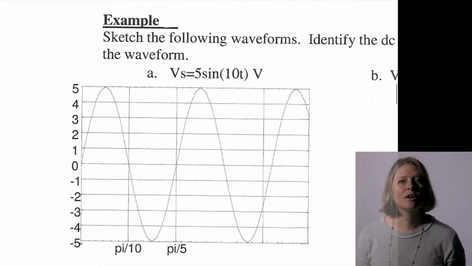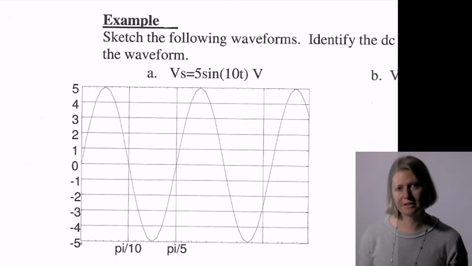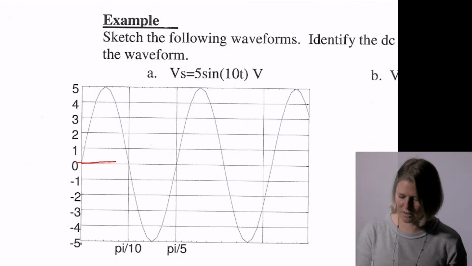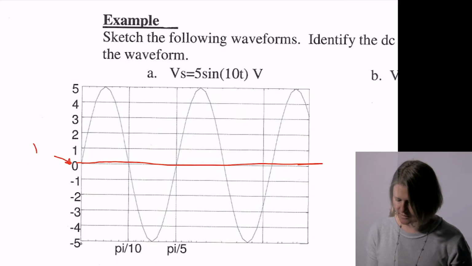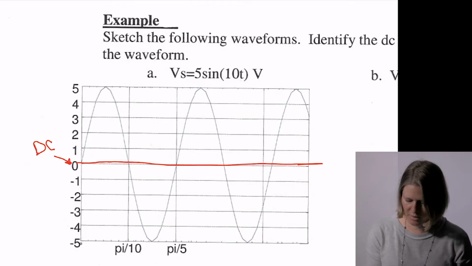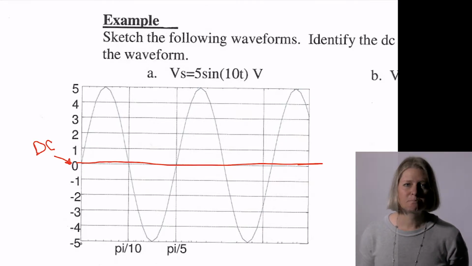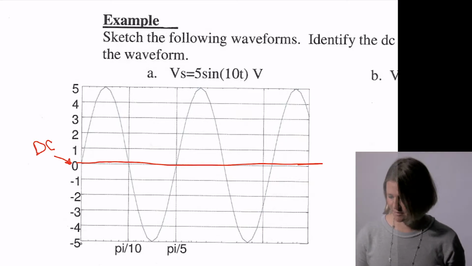So we have 5 sine of 10t. So the DC portion of this would be 0 volts, and that is the center point around which this signal oscillates.